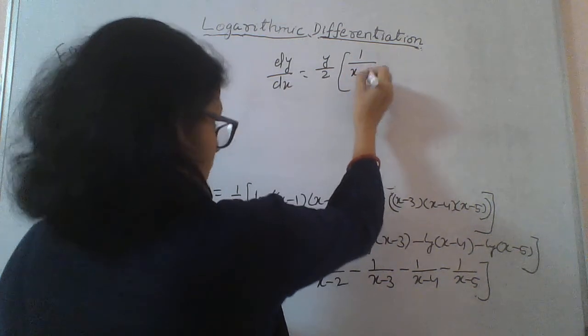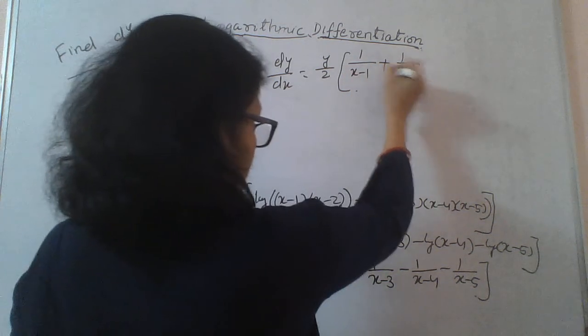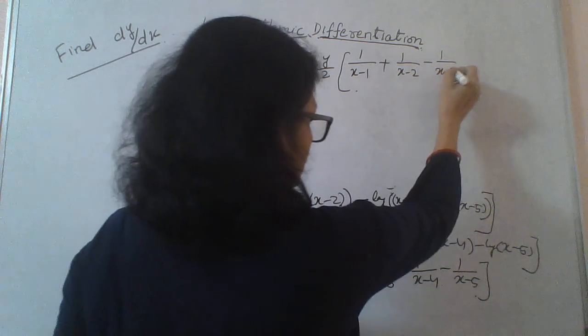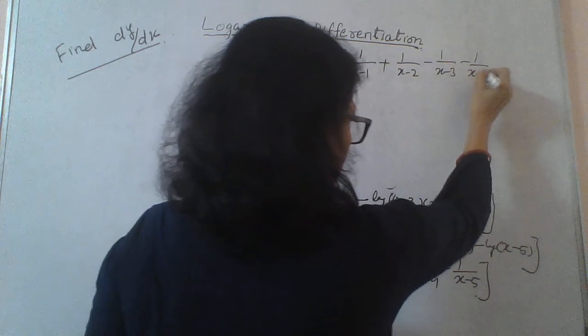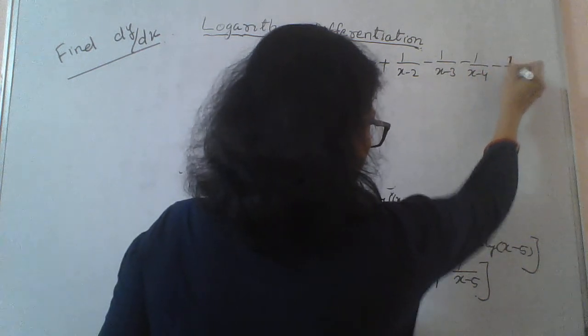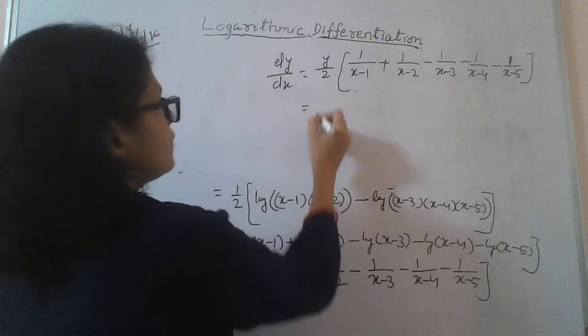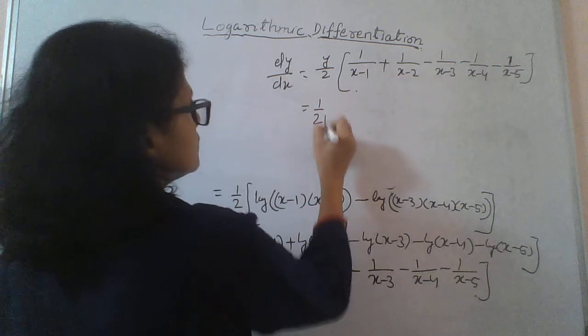So it is 1 by (x minus 1) plus 1 by (x minus 2) minus 1 by (x minus 3) minus 1 by (x minus 4) minus 1 by (x minus 5). Just simply replace the value of y. Y is what?